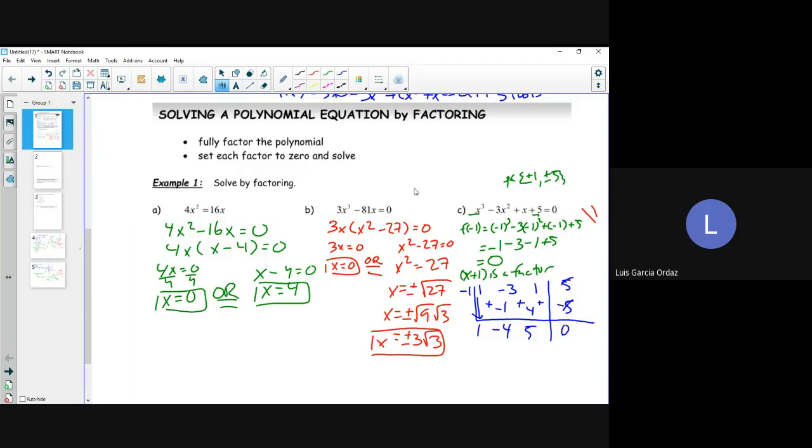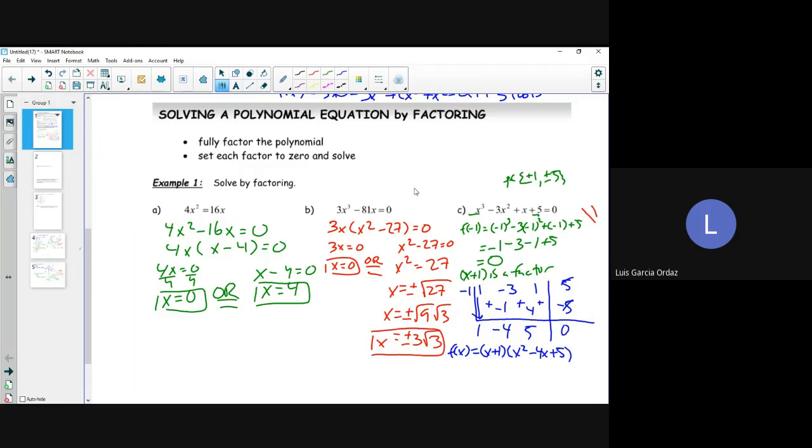So what we're left with now that we've done synthetic division is f of x is equal to our factor x plus 1, and then we're left with x squared minus 4x plus 5. So what is the easiest way to check if that trinomial can be factored?